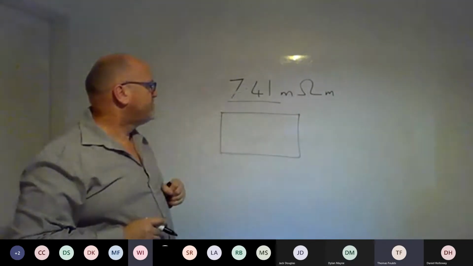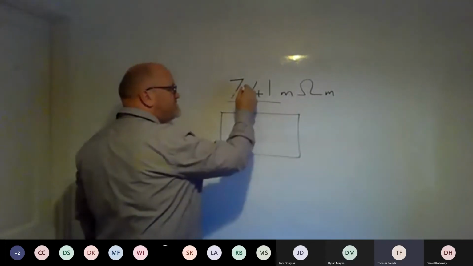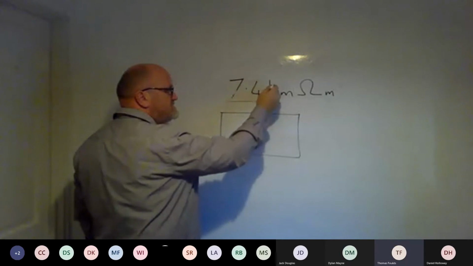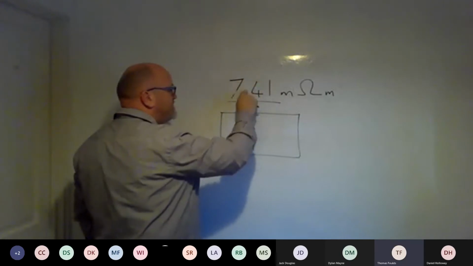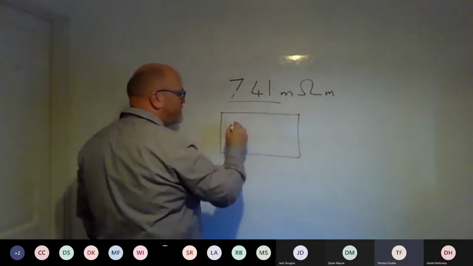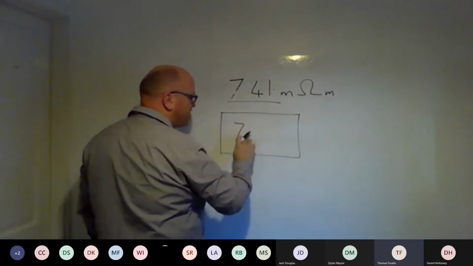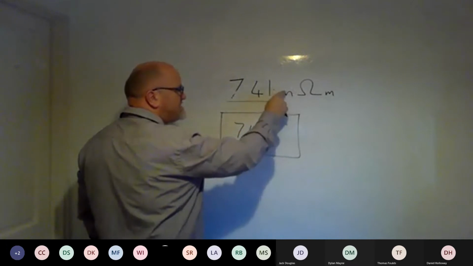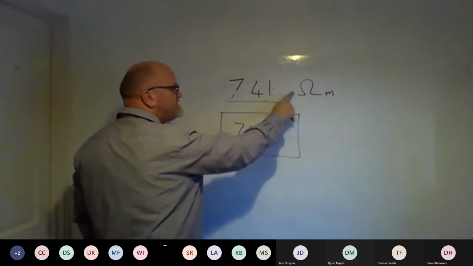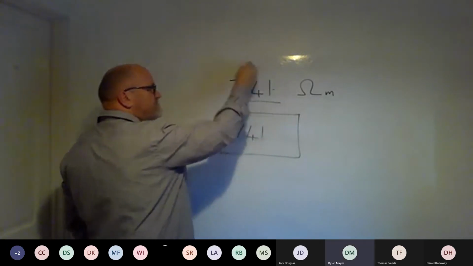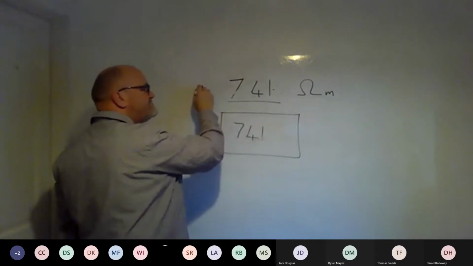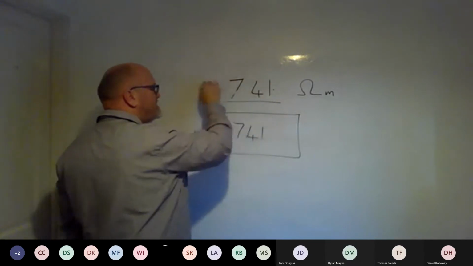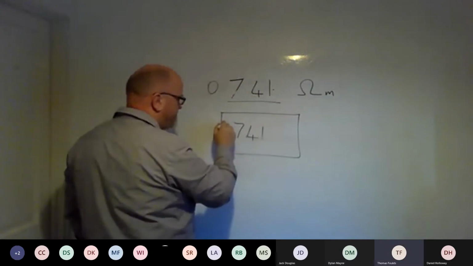If I'm timesing this by 100, how many places do I move the decimal point? 2 to the right. So 741, but it's milliohms per meter. So to get rid of the milli, what do I do? 3 places to the left. So 1, 2, 3. So 0.741.